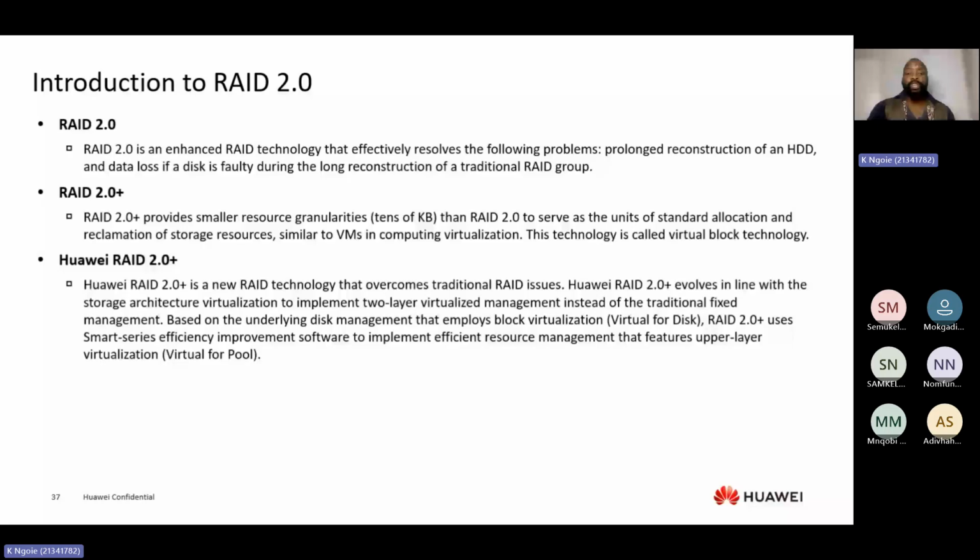This one will use even smaller granularities, in the tens of kilobytes. Instead of using megabytes or gigabytes, it may use 0 point something kilobytes only. That's how it's going to create those blocks.